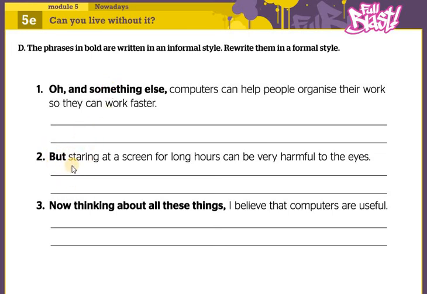But, which is informally used. So think of a word that you can put in its place so that it becomes formal. Now, thinking about all these things, this is a kind of huge statement, like a slang expression. It's a very informal style. So think of a word and put it instead so that it can convey a formal meaning, right?